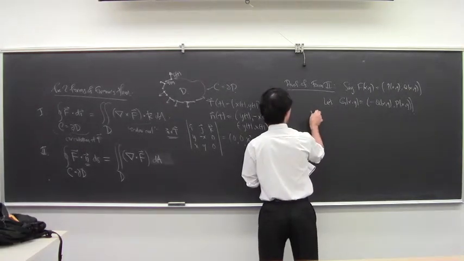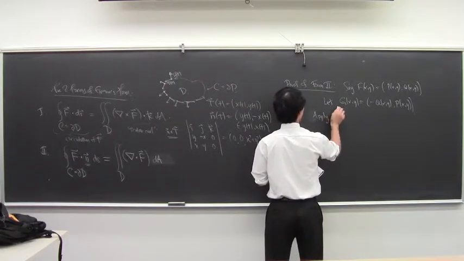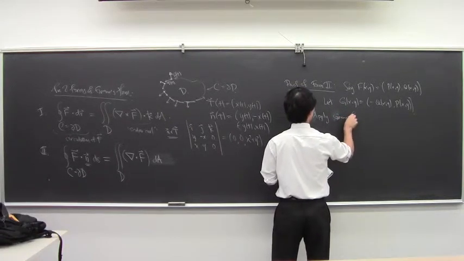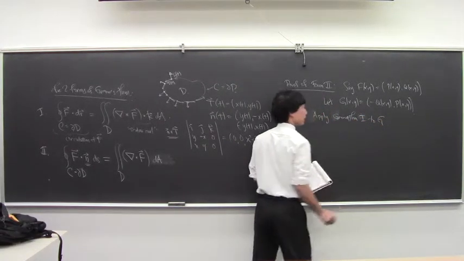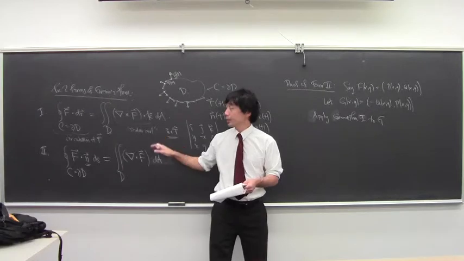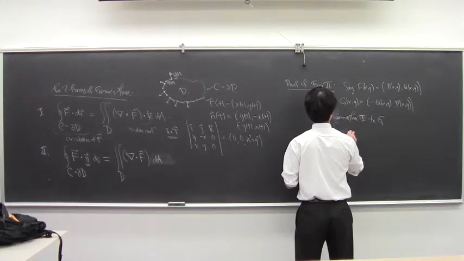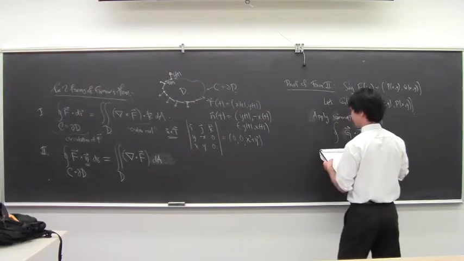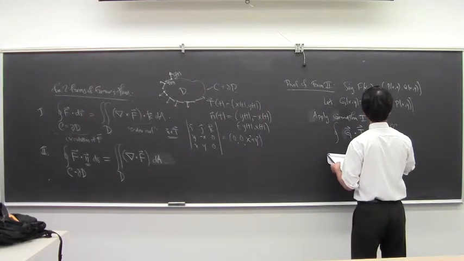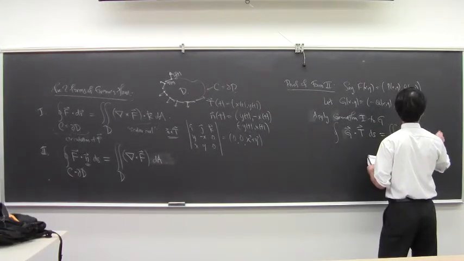Now, we proved already the first form of Green's theorem, so let's apply Green's theorem 1 to G. That says the integral of G dot the tangent vector ds equals the integral of the scalar curl of G dA.